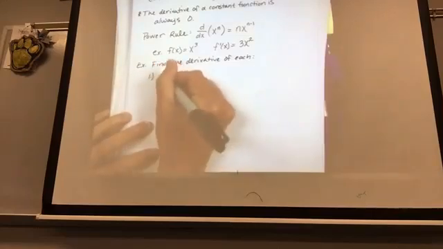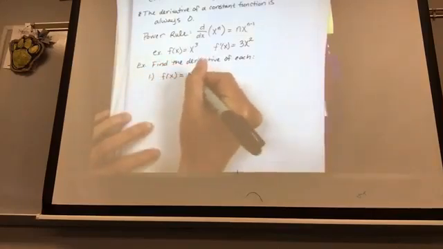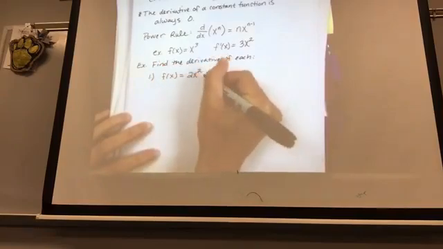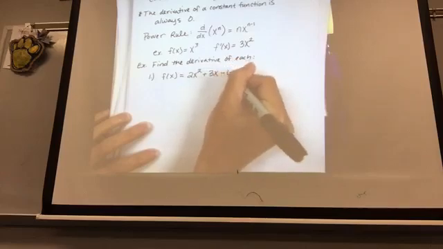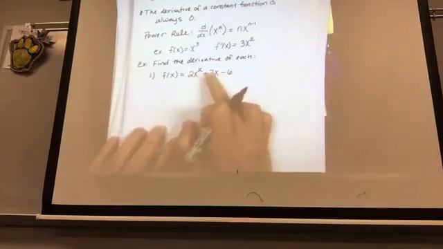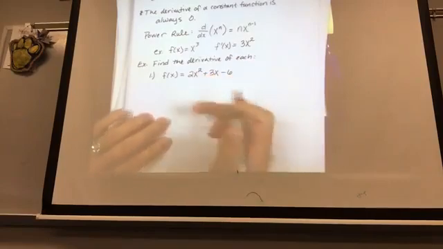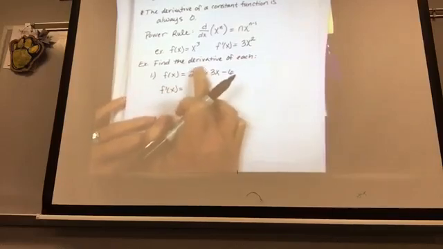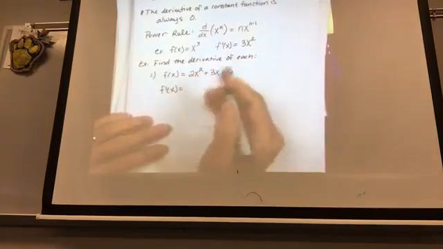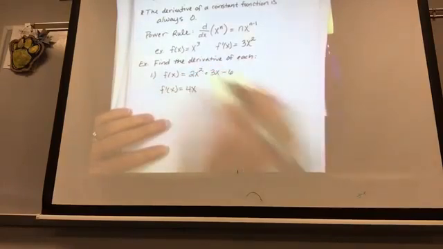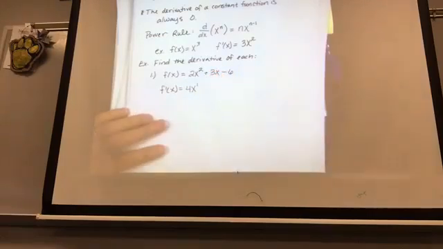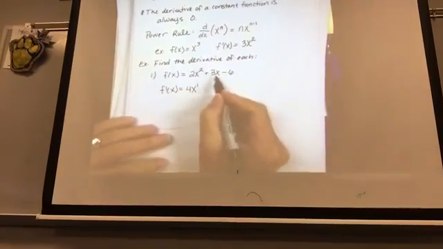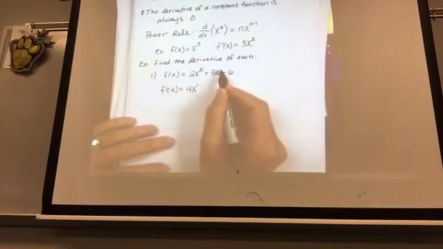So number 1, I have f of x equals 2x squared plus 3x minus 6. So I'll just use my power rule and my constant rule. So f prime of x will equal, so on 2x squared I bring my power to the front, 2 times 2 is 4, so 4x, decrease my power by 1, so 2 minus 1 is 1. I don't have to write the 1, I just did it in my notes just to show you. And now 3x, well right here the power is 1.